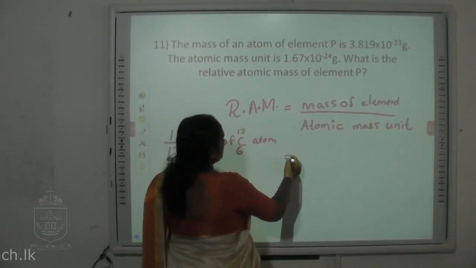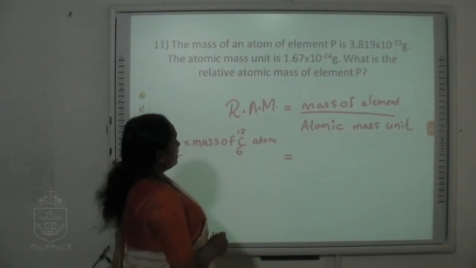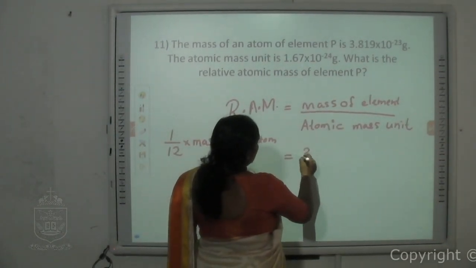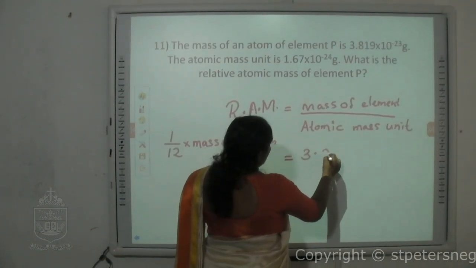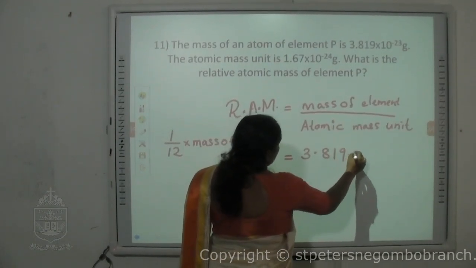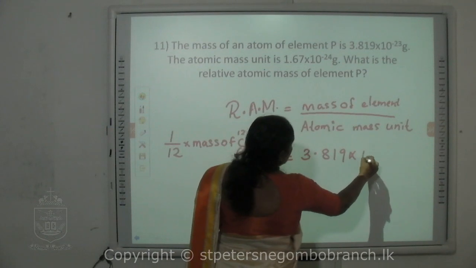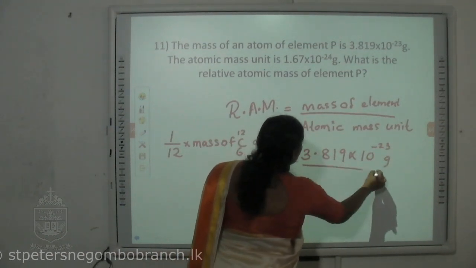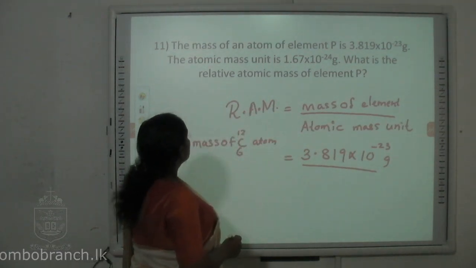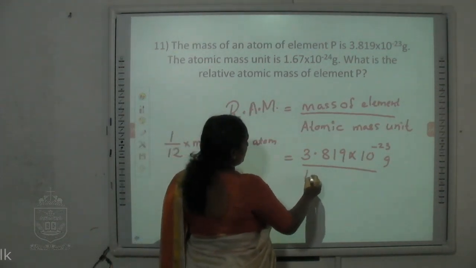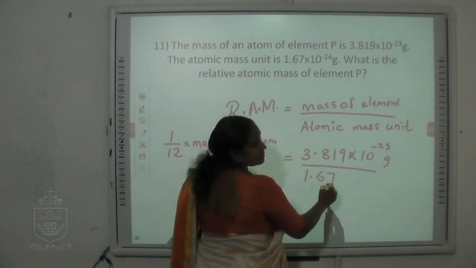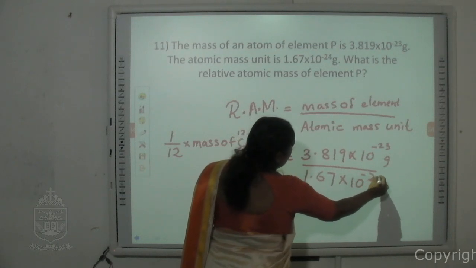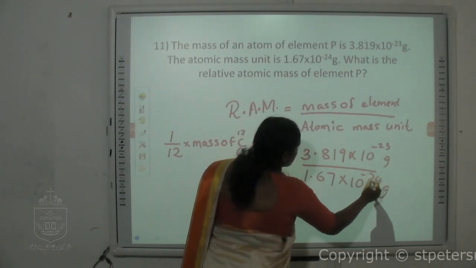Here in this question, the element is P. The mass of the element is given as 3.819 into 10 to the power minus 23 grams, divided by the atomic mass unit, that is 1.67 into 10 to the power minus 24 grams.